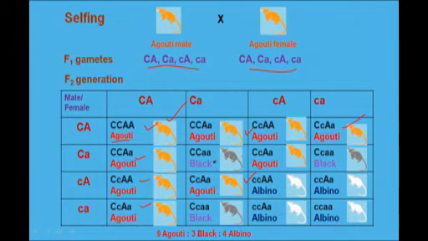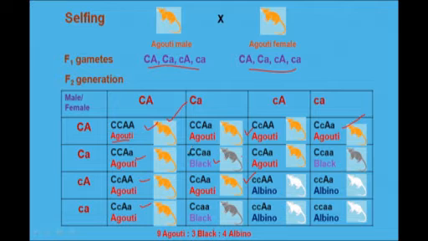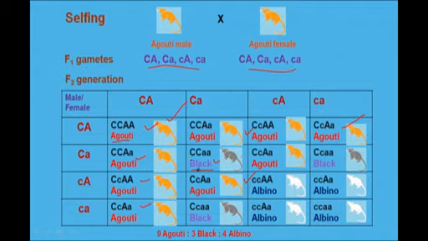Now see, in the second case, if only one gene contains the dominant allele, it will give rise to the black colored offspring.